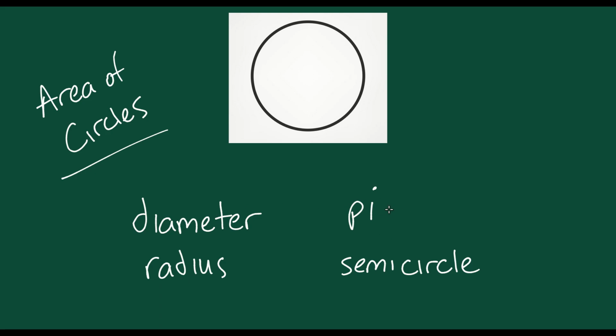Pi is approximately 3.14, or in fraction form it is 22/7. Pi is this Greek letter, and a semicircle just means half of a circle.